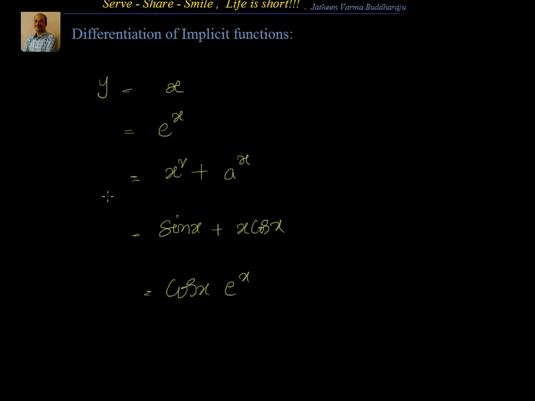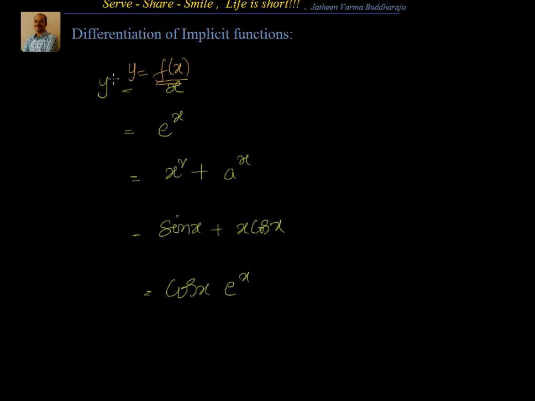These are all different examples of functions for which we have found the derivatives till now. You can see here we are able to write y as a function of x. That means on the right hand side we have only x terms, nothing else.